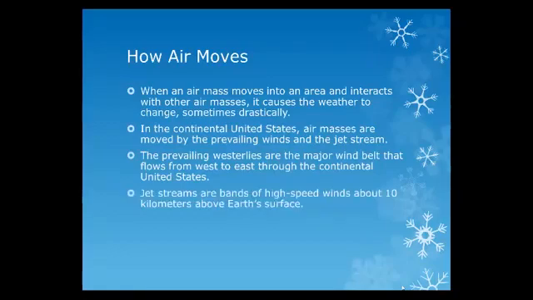The jet stream is another thing that moves air. The jet stream is a band of very high-speed wind, about 10 kilometers off of our surface. The jet stream moves from west to east. However, the jet stream does some zigzags back and forth north to south.